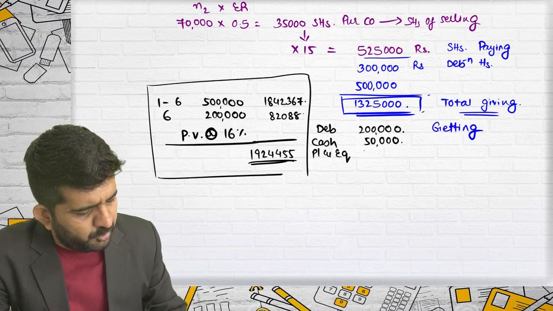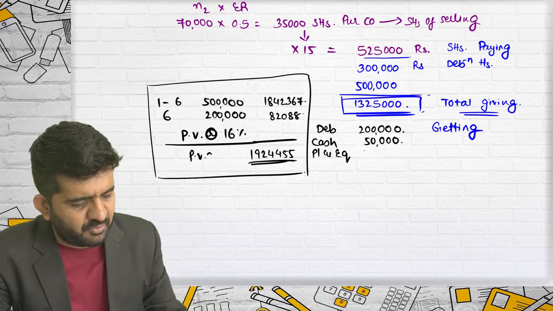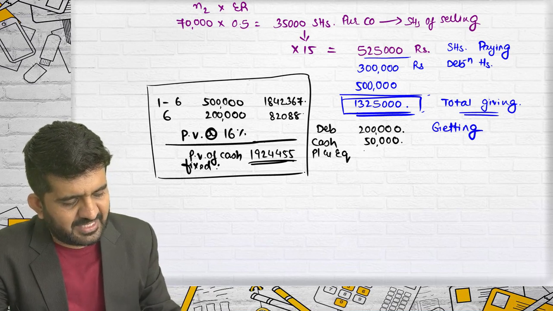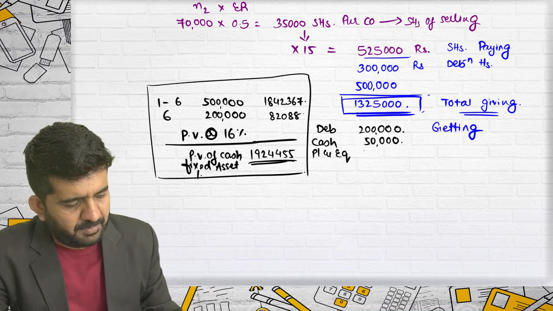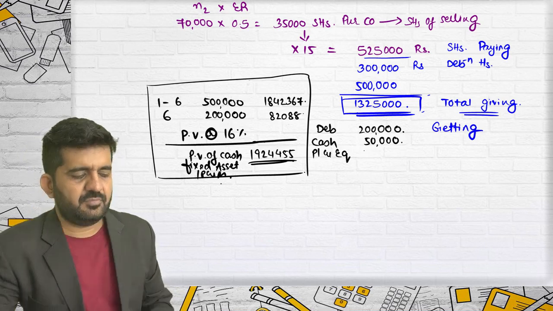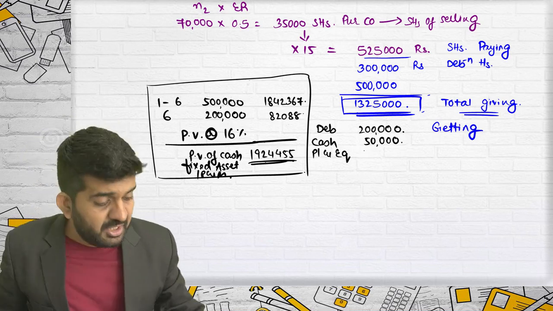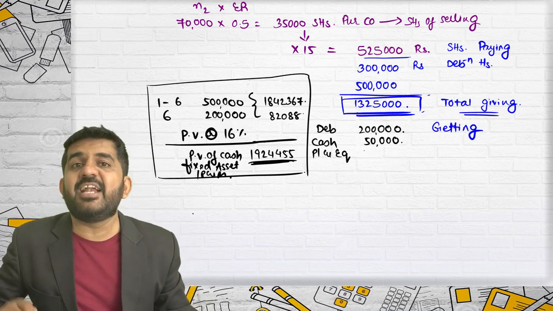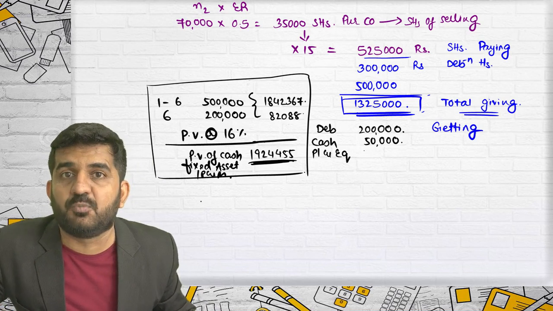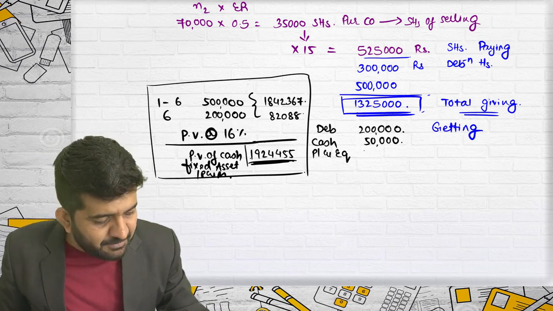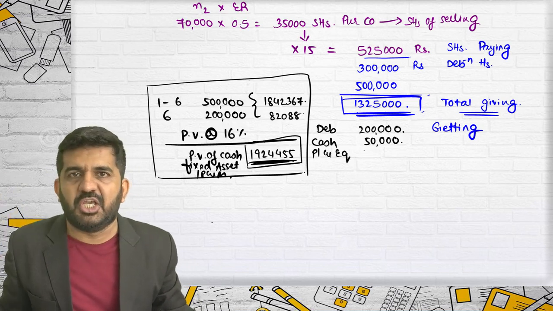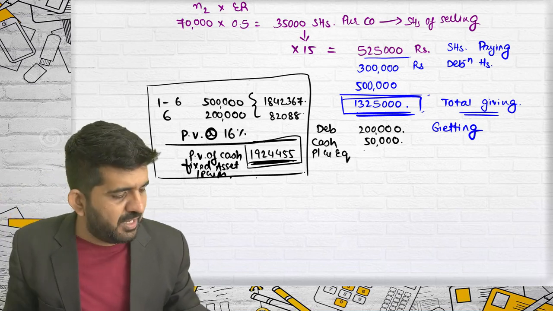Who is going to generate this present value of cash? Believe me, it is the fixed asset, or plant and machinery. This is the value generated by plant and machinery. What is this? Present value of future cash flow. What is this? The maximum price you should be ready to pay for this plant and machinery.